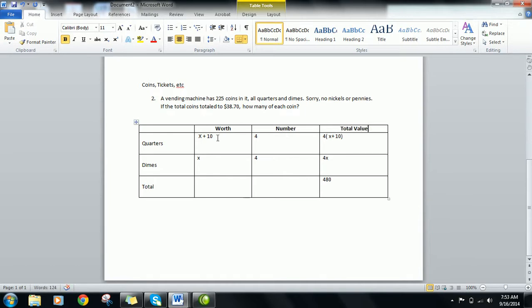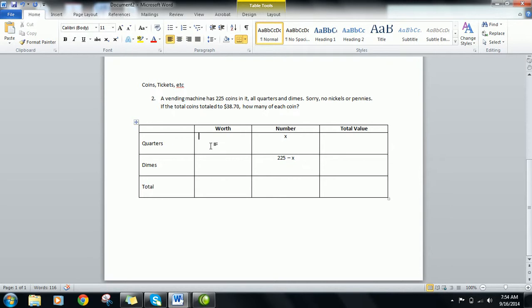All right, so what I would like to do is start fresh here using the same table and a similar idea, and see how we can use this table to solve this particular problem. So we have 225 total coins, quarters and dimes. If I have x quarters, I have 225 minus x dimes, because they have to add up to be 225.